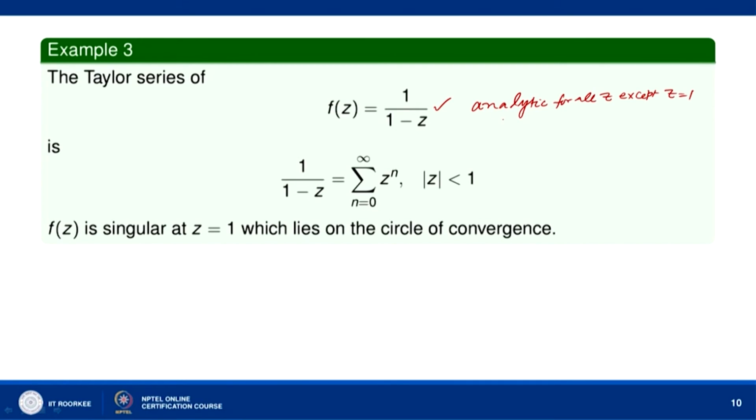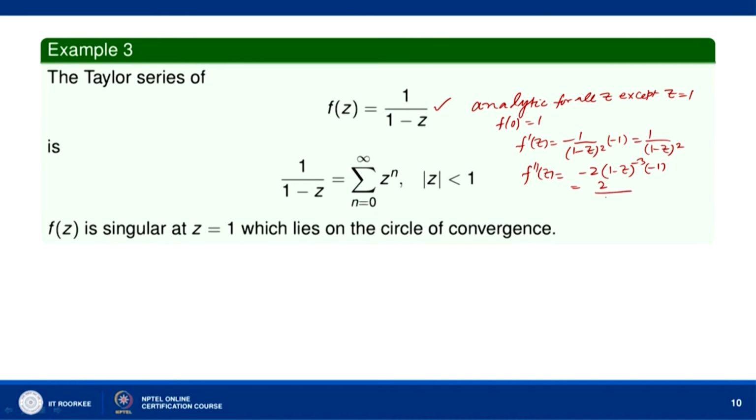So that means we have to find f(0) = 1, and if you find f prime(z), it is equal to minus 1 upon 1 minus z whole square into minus 1. So, 1 upon 1 minus z whole square. F double prime(z), let us find, it is minus 2 (1 minus z) to the power minus 3 into minus 1.